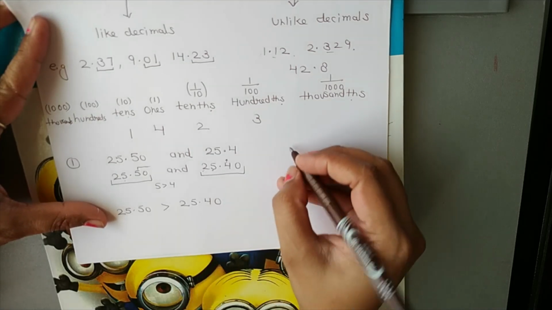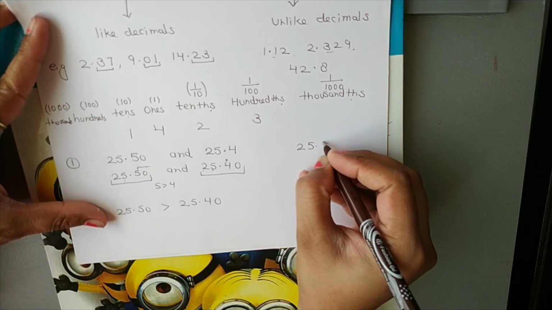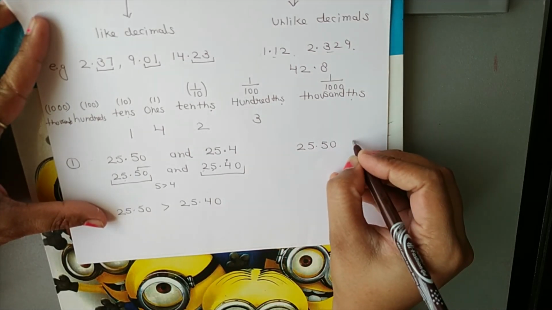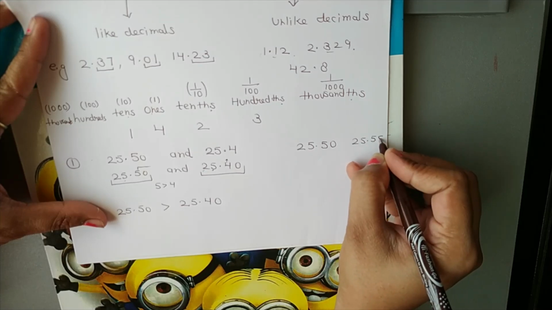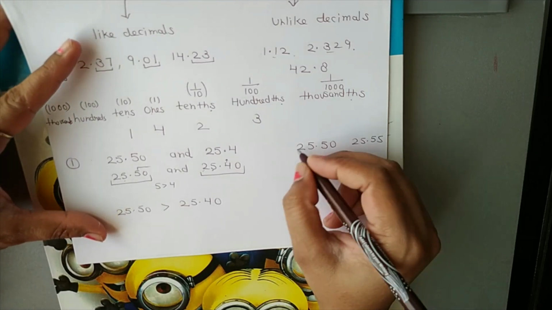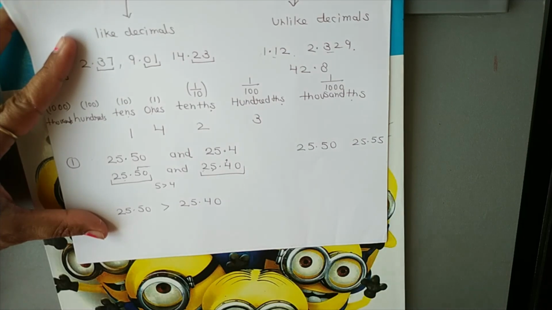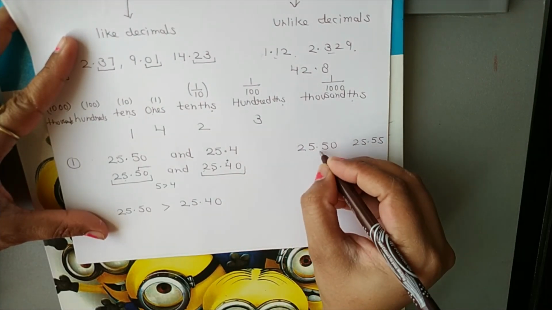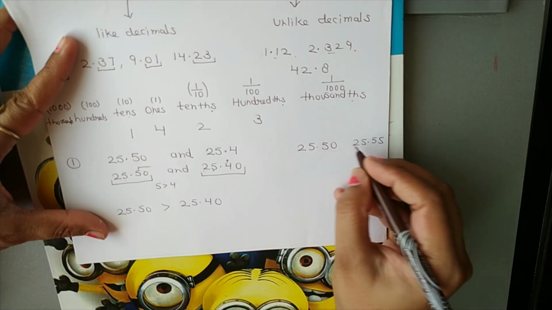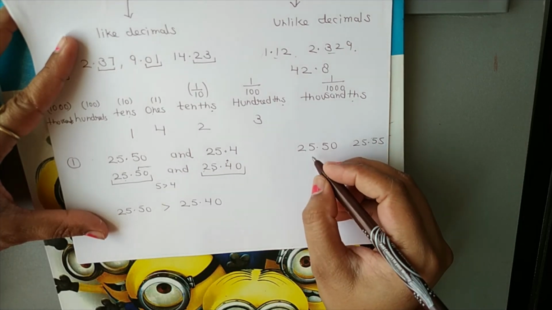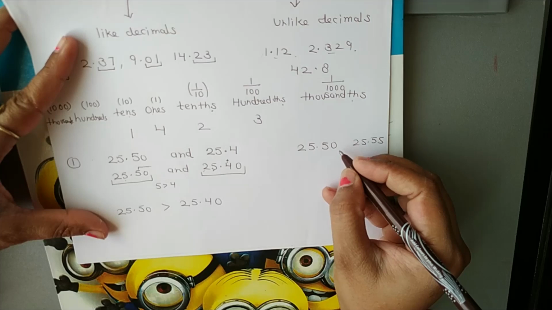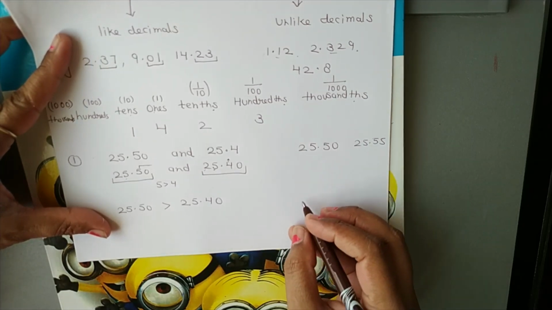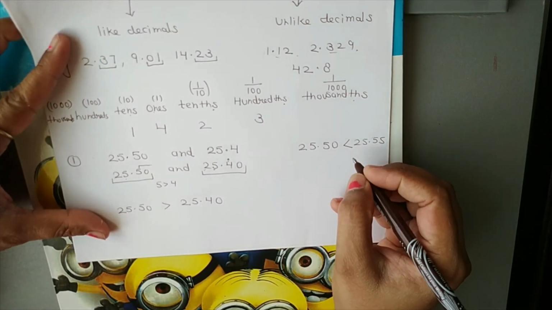Suppose the question is 25.50 and 25.55. Which one is greater? We have to find. Here the whole part is equal, the tenths digit is also equal, so we have to compare the hundredths digits and so on. So here 25.55 is greater.